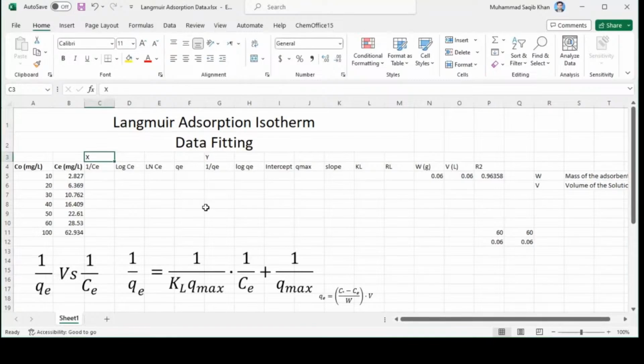Now we have to calculate the QE value. QE is the adsorption capacity at equilibrium. This is the equation for calculating the QE: QE is equal to C naught, the initial concentration, minus CE, the concentration at equilibrium, divided by W multiplied by V. W is the mass of the adsorbent, whatever adsorbent you have used, the mass of that adsorbent in grams, and V is the volume of the solution in liters.